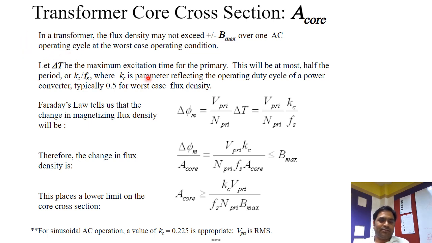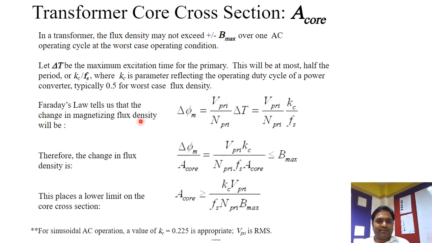So let delta T be the maximum excitation time for the primary. This will be at most half a period, or Kc upon Fs, where Kc is the parameter reflecting the operating duty cycle of a power converter, typically 0.5 for the worst case flux density.